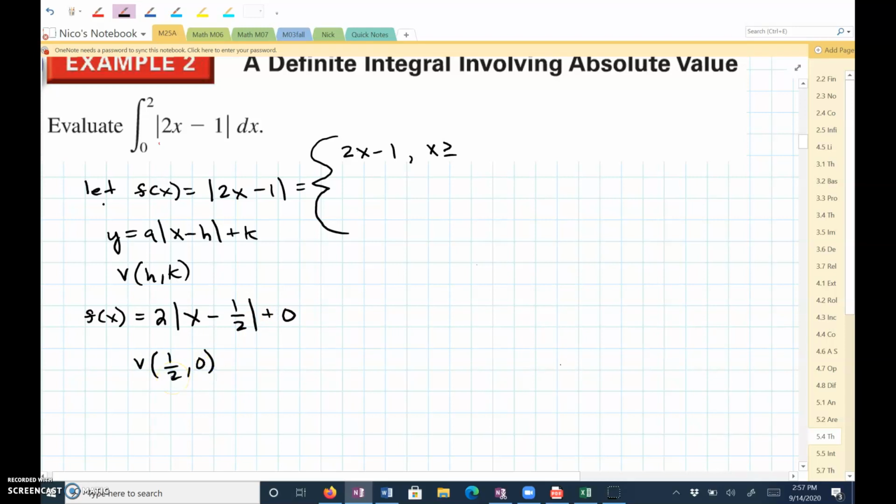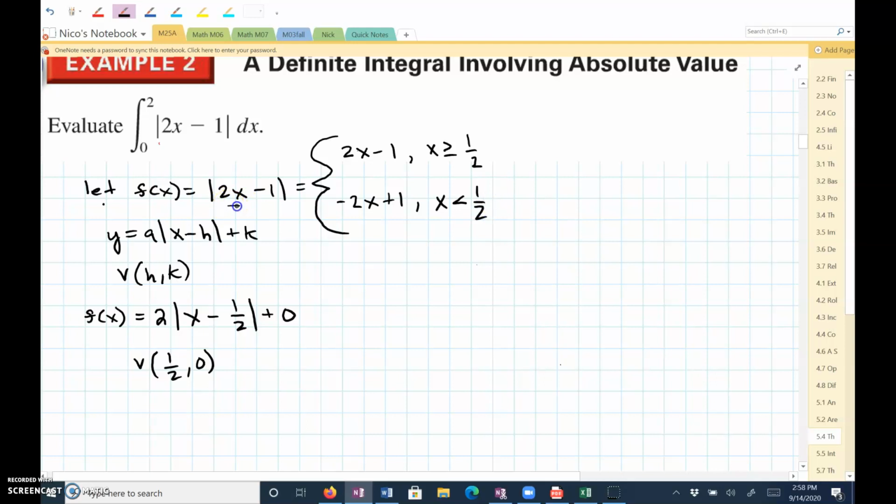Okay? So if you think about the absolute value equation, one part of it is going to be 2x minus 1 when x is greater than 1/2. The other part is going to be negative 2x plus 1 when x is less than 1/2.